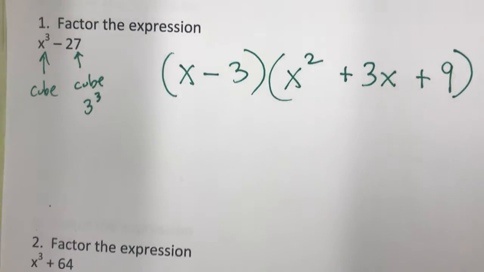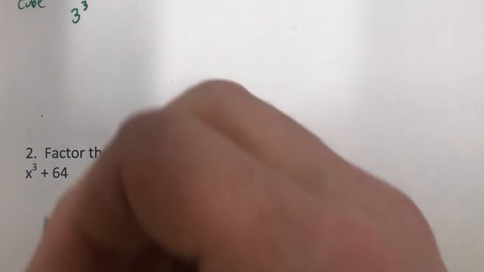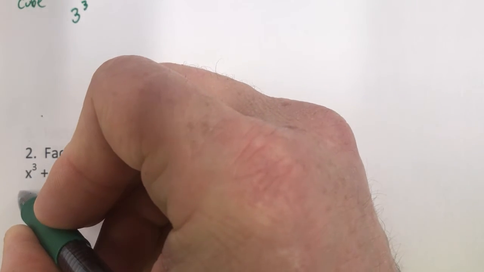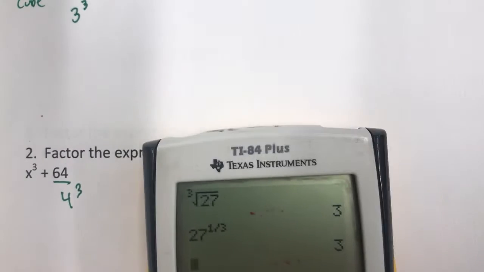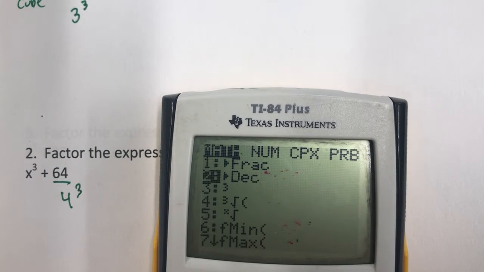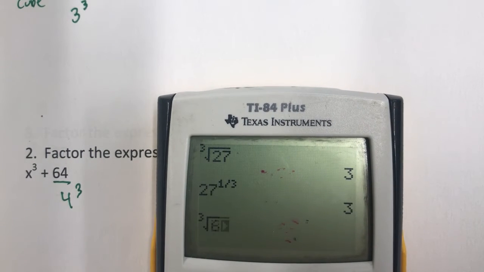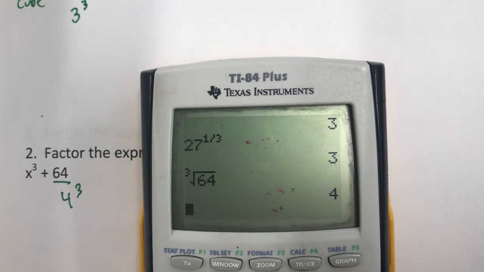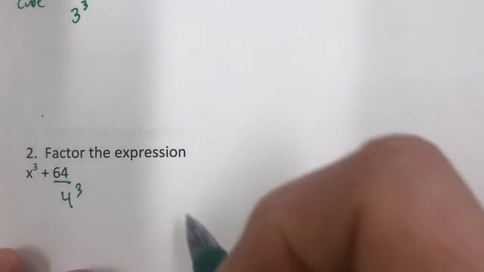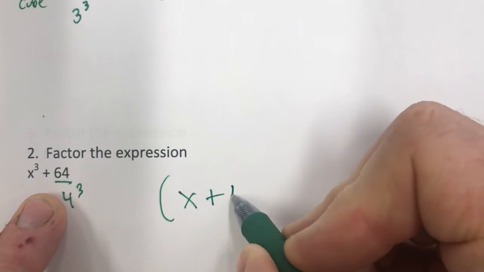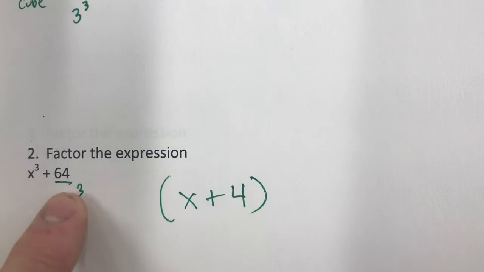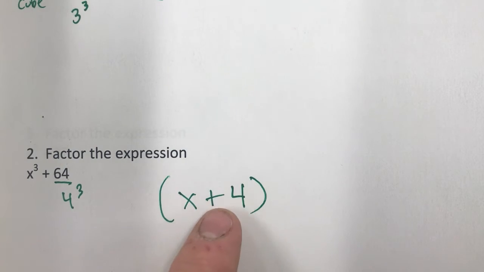Let me go to the next one here. We'll develop this pattern. This is x to the third. This is 4 to the third. Now again, you can find it by using your calculator and just hit the third root of 64, and you can see it's 4. So that means right here, my first expression, I'm going to have x plus 4. Whatever this is right here, plus, that's what I'm going to have here.